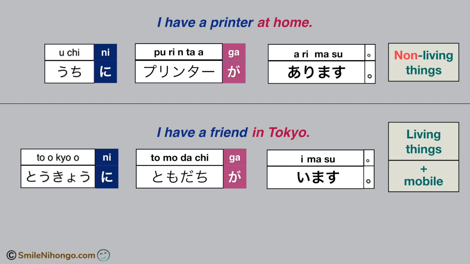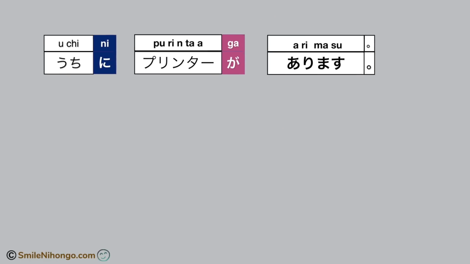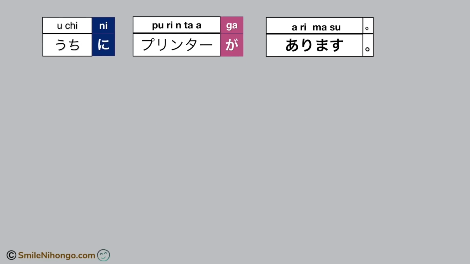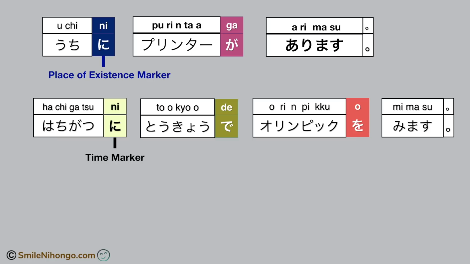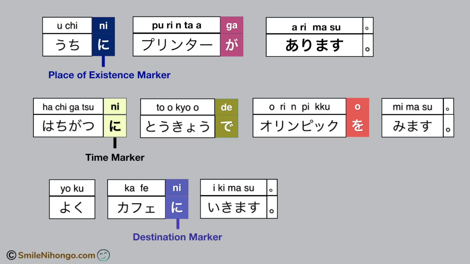courses Japanese 1 to 3, you have learned the particle に for 3 different functions. Particle に as a place of existence marker, as a time marker, and as a destination marker. Like this, one single particle is used for multiple functions in Japanese.